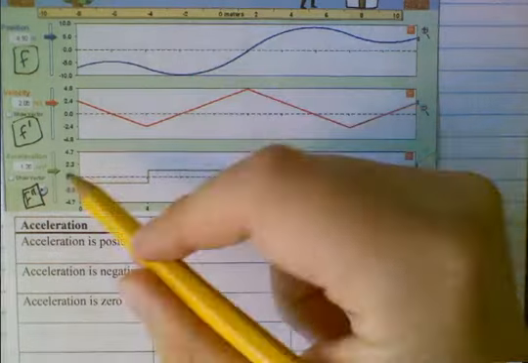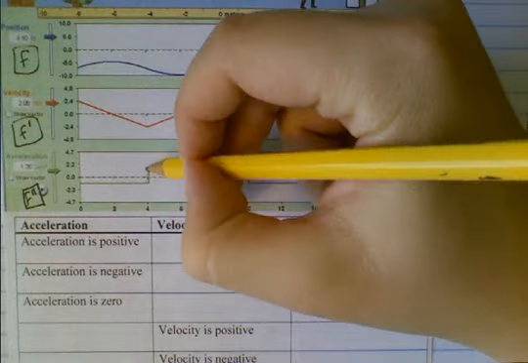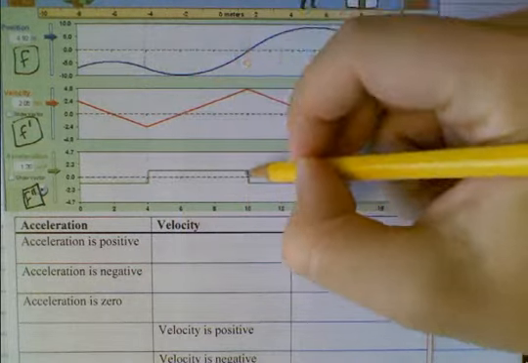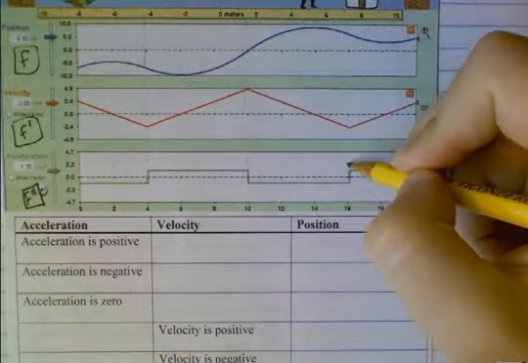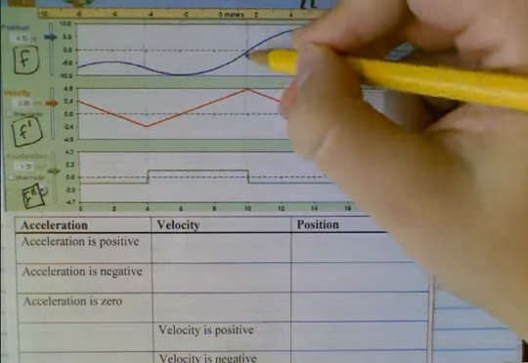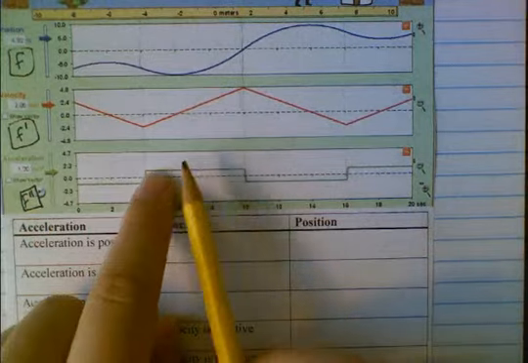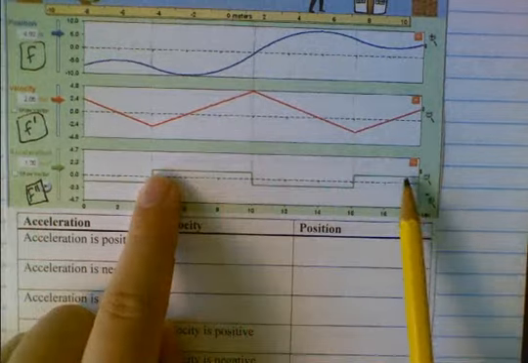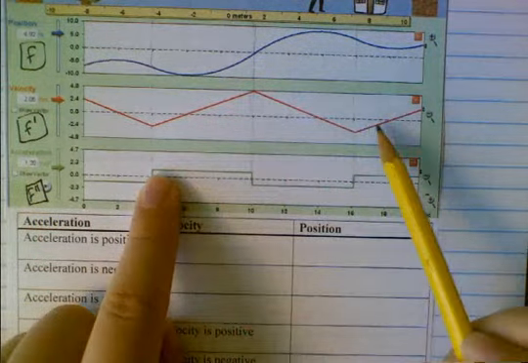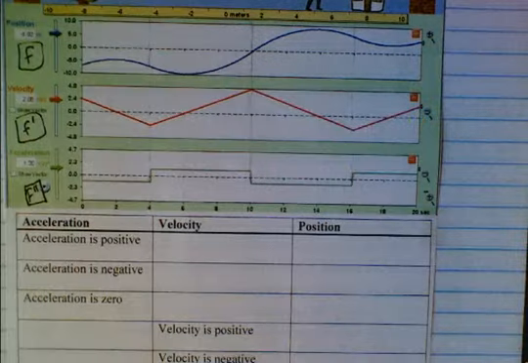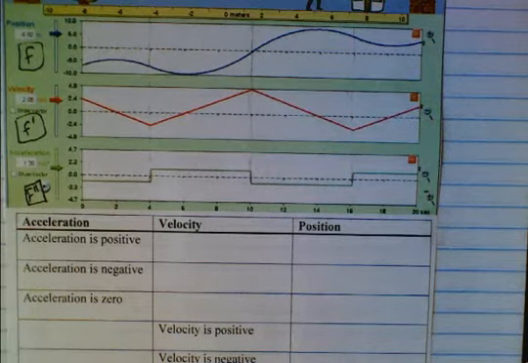Let's first just look at when acceleration is positive versus negative. So there's a switch right here, and right here. And notice that when acceleration is positive, right here and right here, velocity is increasing both times. In fact, that's the only time that velocity is increasing.